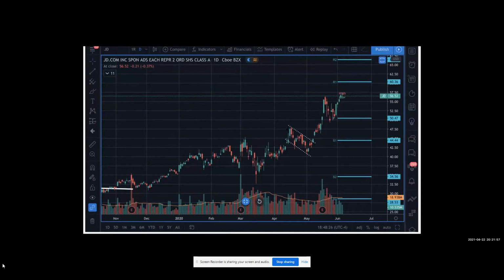So I could say boom, right? JD actually hit this target. So it got a lot more to go, but as you can see, it looks like it's getting there, right? I'm pretty sure if we go back and check the data, it reached eventually, right? So that is how powerful patterns like this are. You know, they just form and then you can pretty much see where they're going.